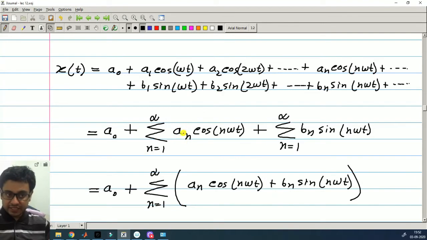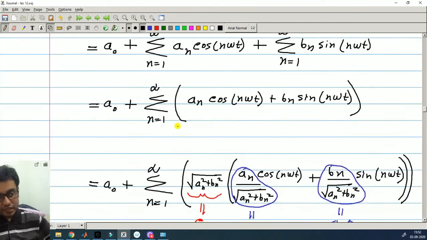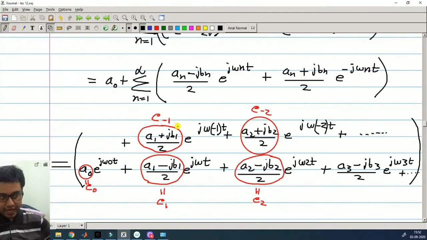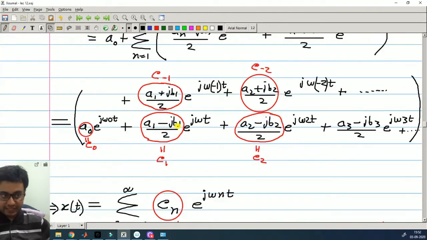The coefficients an and bn that we had earlier for real valued Fourier series and the new coefficients Cn that we have for complex Fourier series are definitely related to each other, as you can see from these definitions.